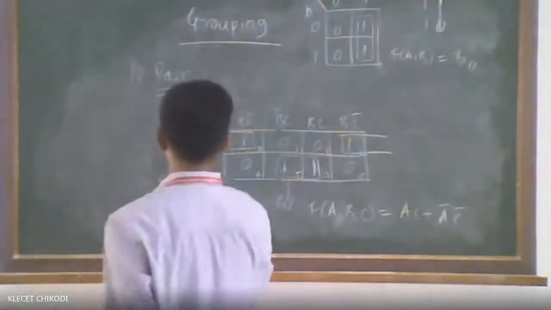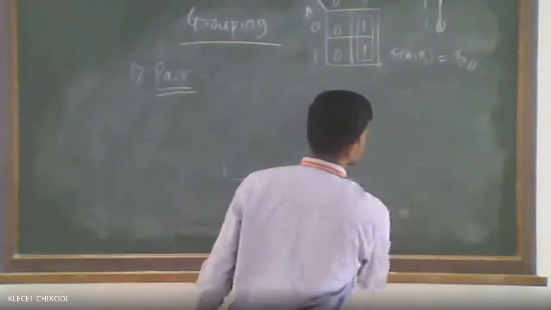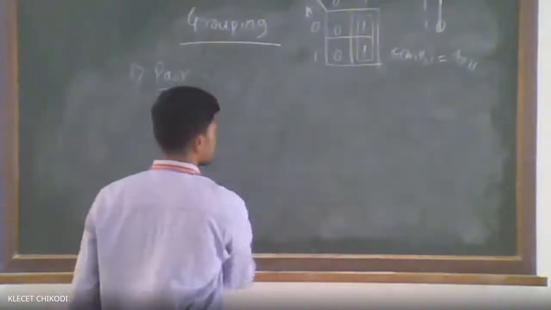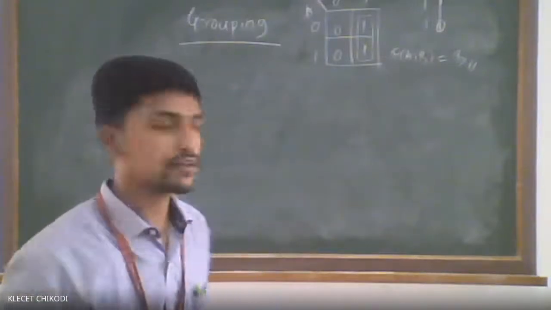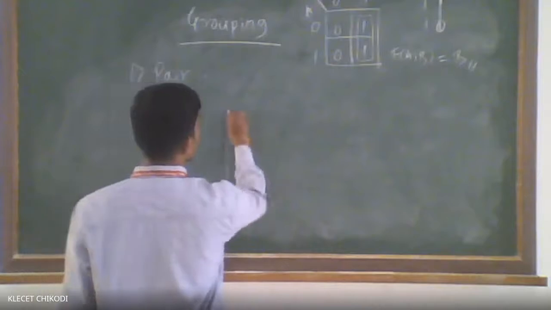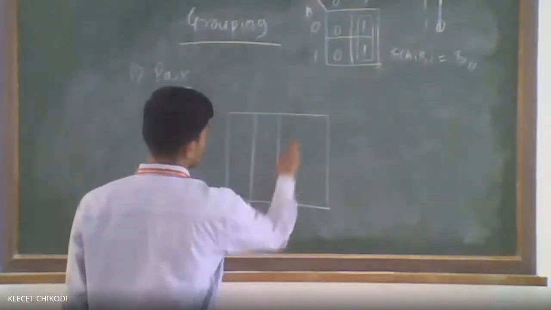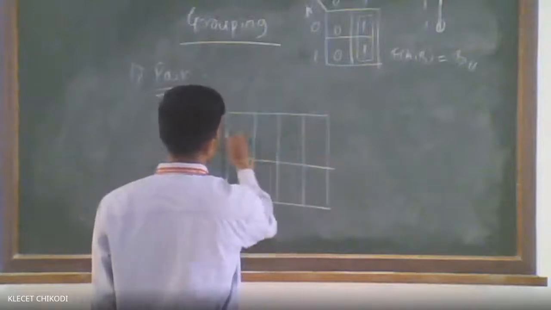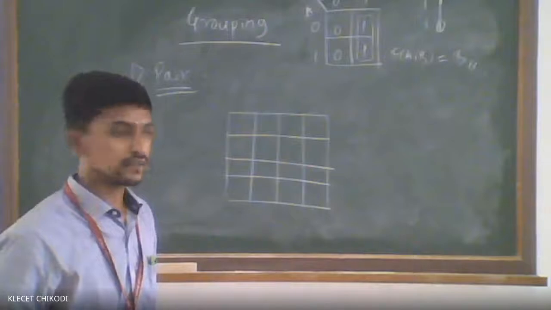Similarly, you can make a pair in the 4 variable K-map also. If you draw a 4 variable K-map, that is a total of 16 cells.